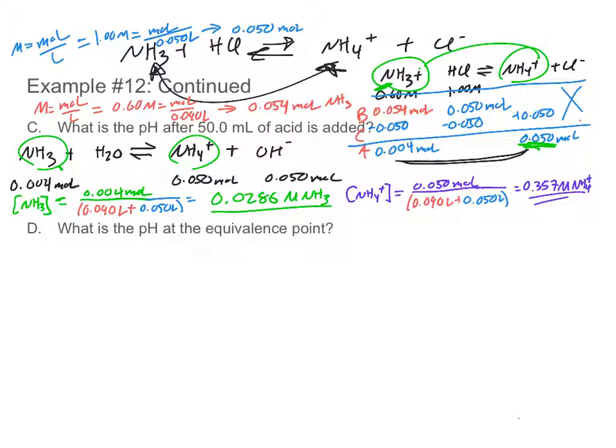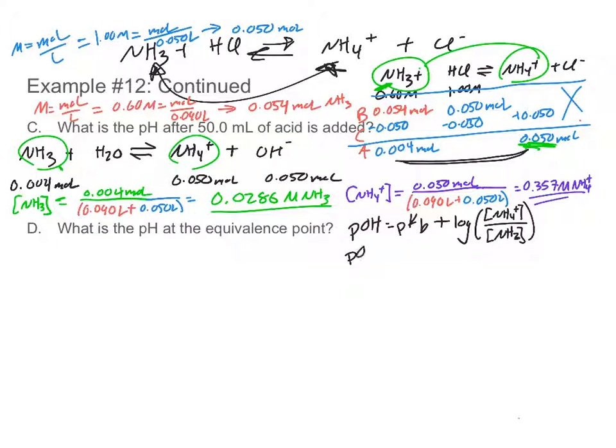So now I'm going to use the Henderson-Hasselbalch equation. When you're using the Henderson-Hasselbalch equation on the base side, it's conjugate acid divided by base, whereas on the acid side, it's the reverse.